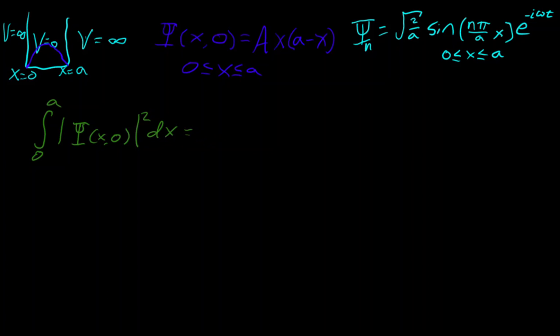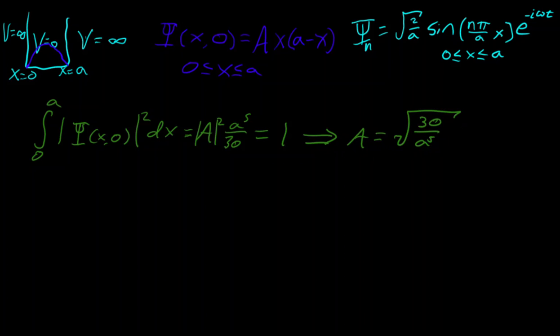If we do this, and this is like the integrals that I have done, so I'll just use them, we're going to get a squared, really the absolute value of a squared, times little a to the 5th over 30. And this we know has to equal 1. That's our normalization condition. So given that, we can see that a will be the square root of 30 over a to the 5th.